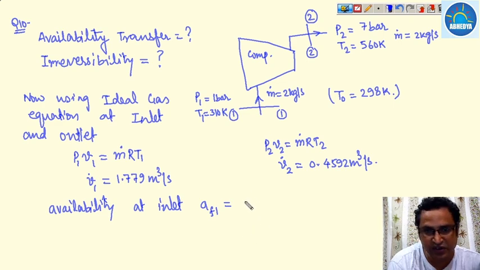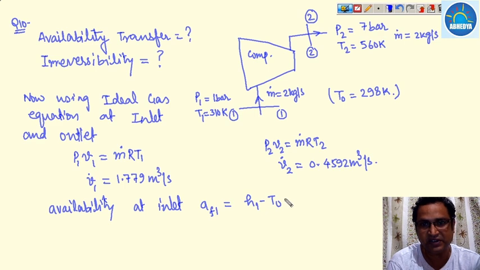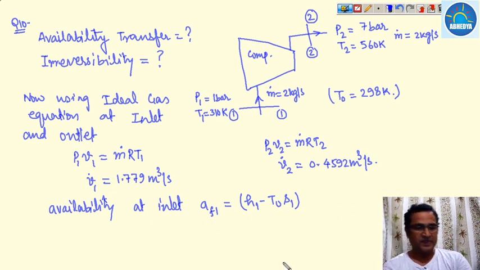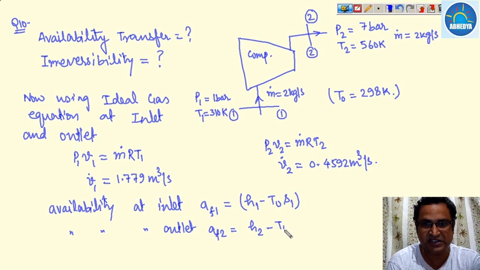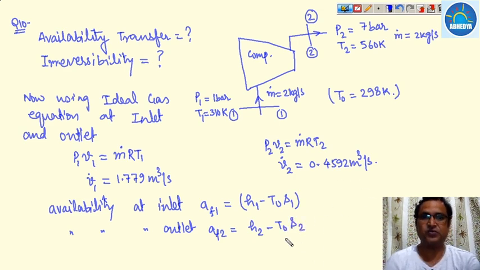This value is nothing but H1 minus T0 S1. And the availability at outlet, AF2, is nothing but H2 minus T0 S2.